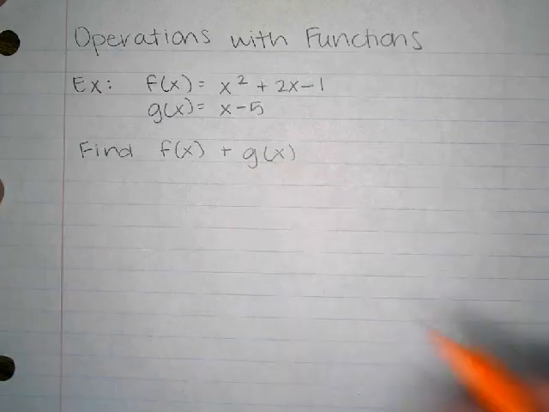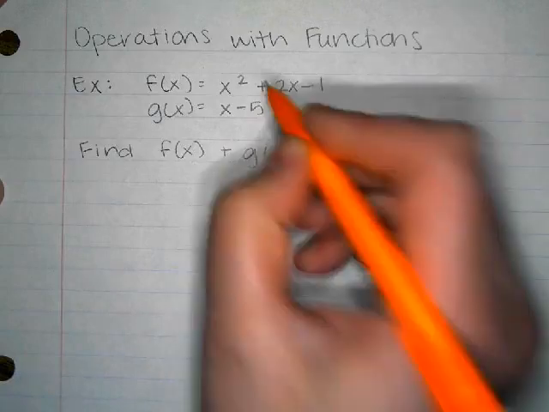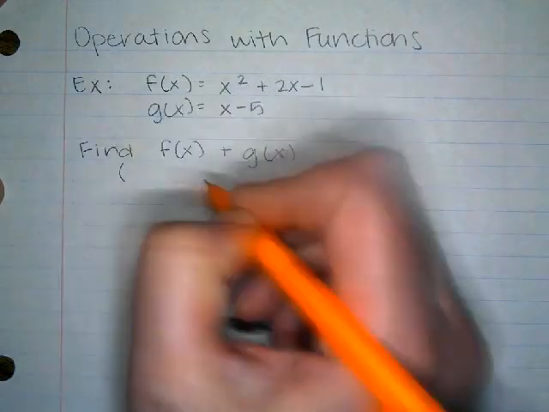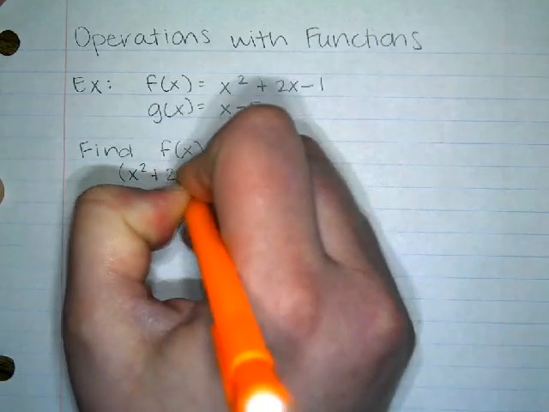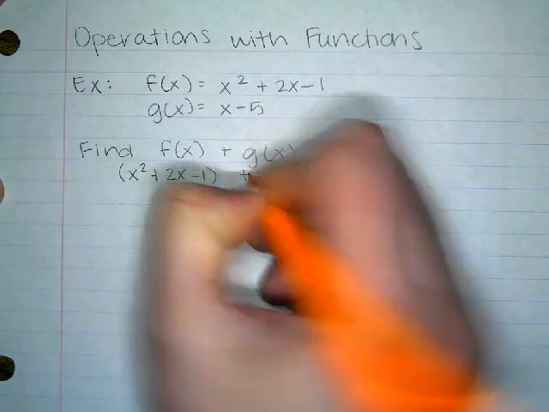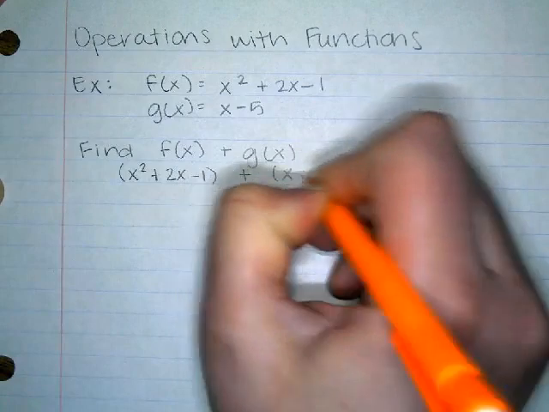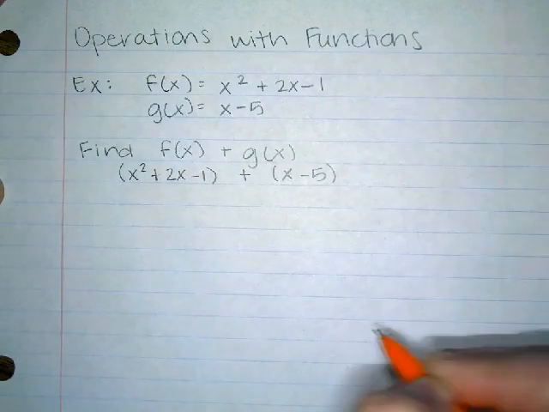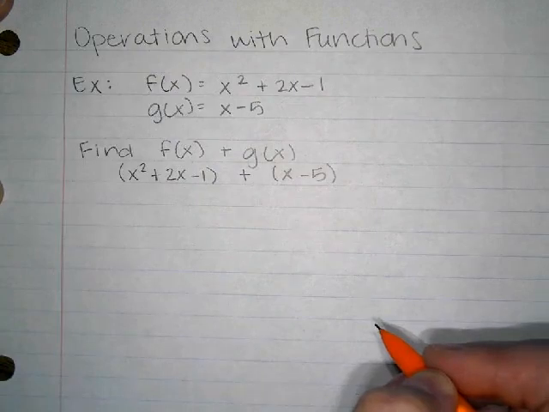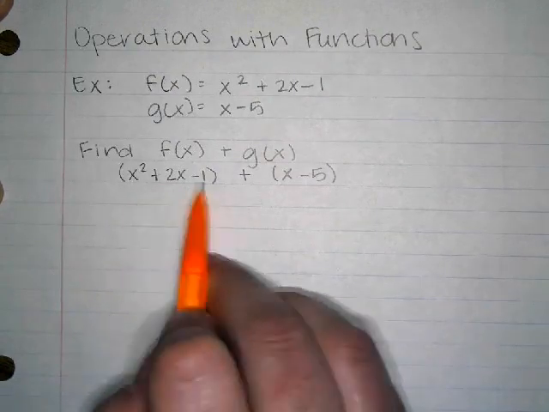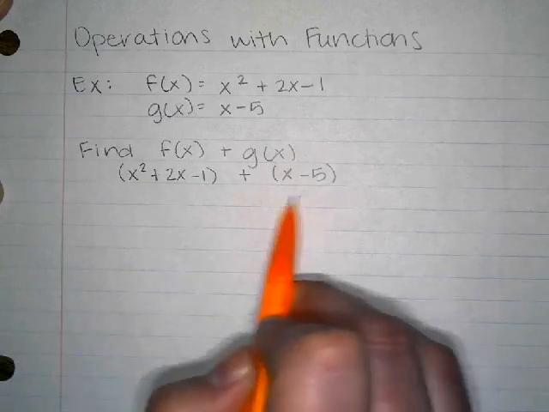So if I'm adding them together, it's pretty easy. I'm literally just going to write f of x, x squared plus 2x minus 1, plus g of x, which is x minus 5. Do I really need the parentheses around these?